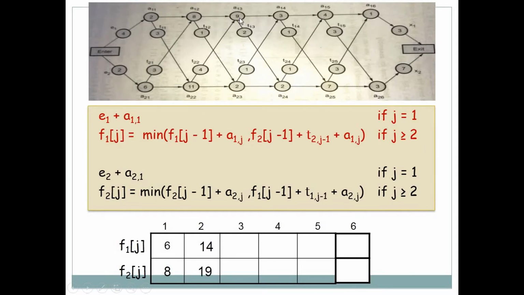Here a13 minimum cost will be 23. For this station the minimum cost will be 17. Here 21, 19, 24, here 26, here 25, and here 29. And last, 25 plus 3 is 28, and 29 plus 7 is equal to 36. So the minimum cost will be 28 here.